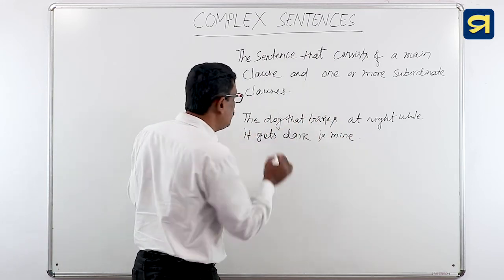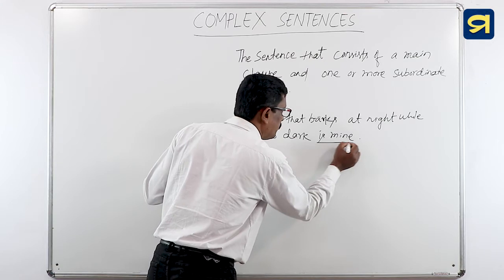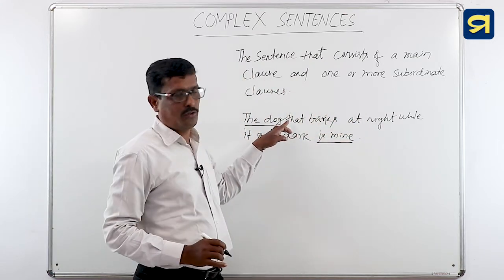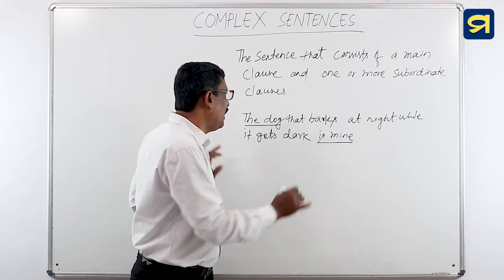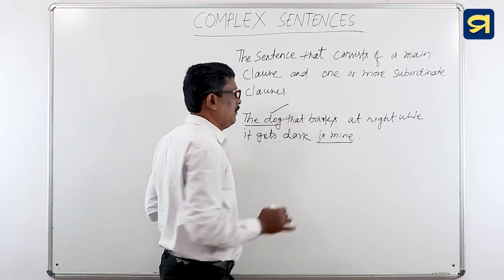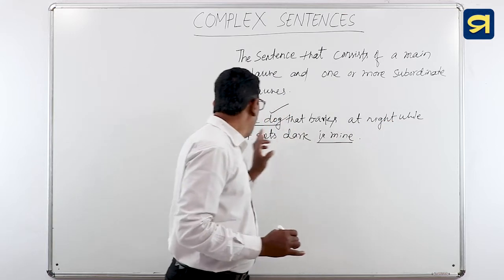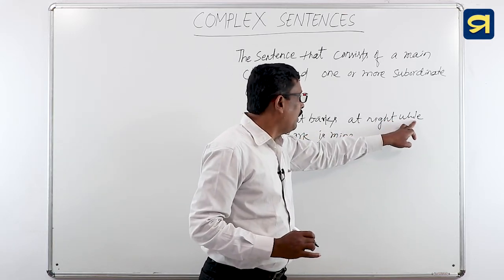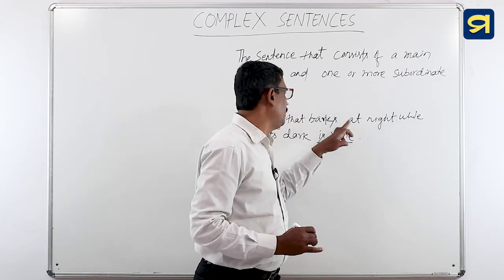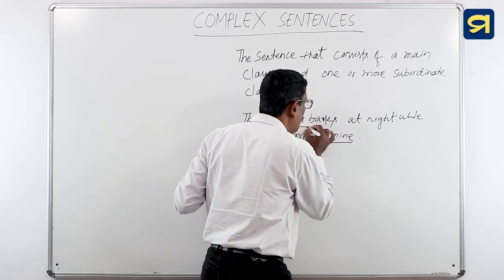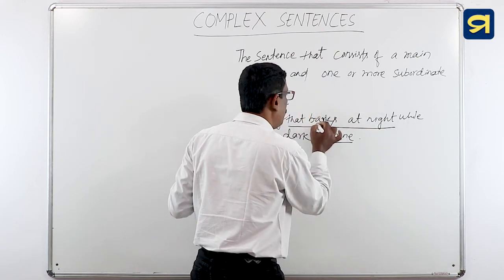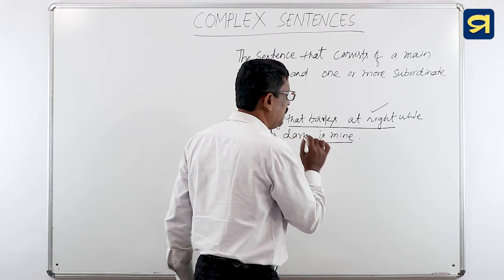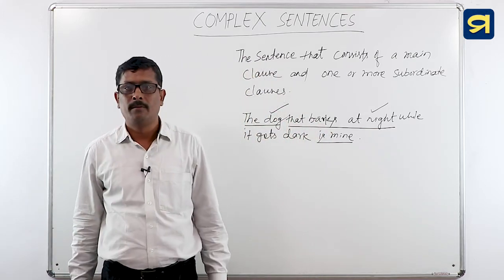The dog is mine is the main clause, but that barks at night is a subordinate clause and it is a relative clause because it modifies the dog, and while it gets dark is an adverb clause and it is also a subordinate clause. The sentence has two subordinate clauses.